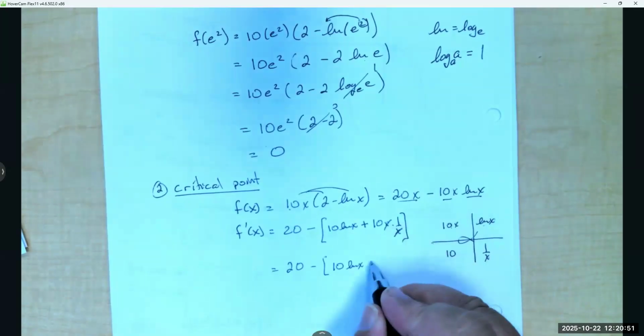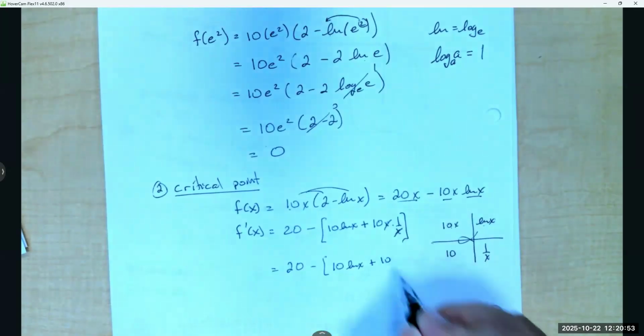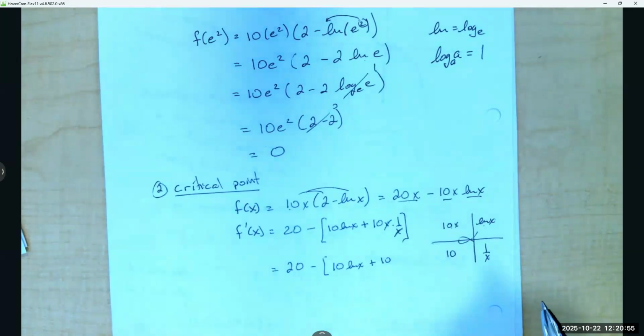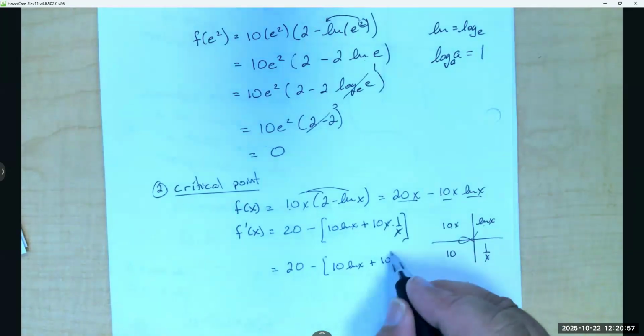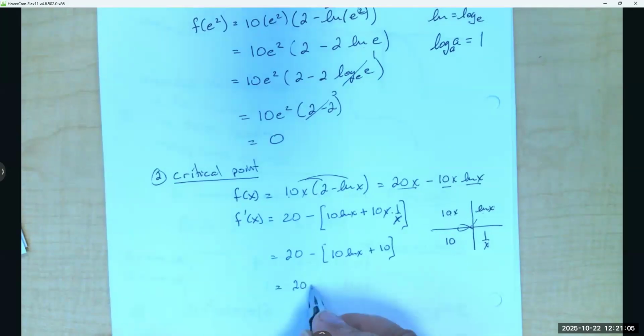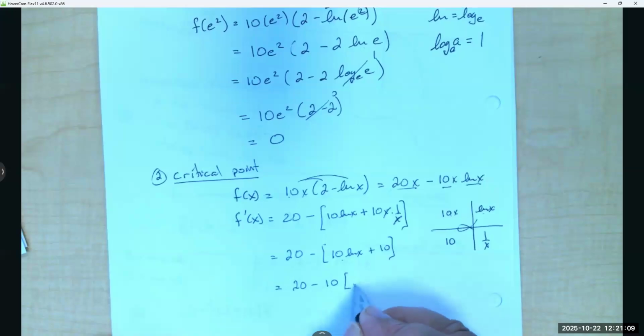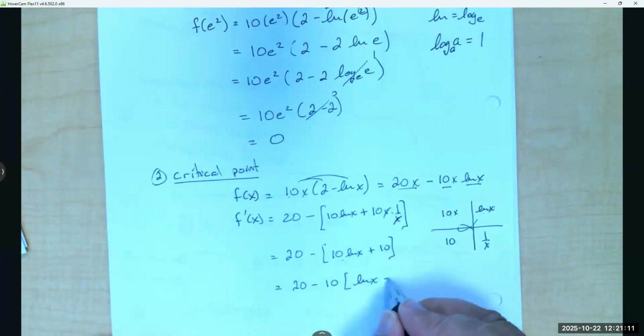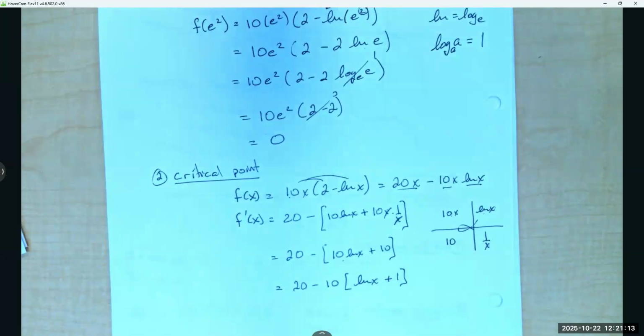X's cancel, so we have plus 10. They both have a 10, so we can factor that out. So we have ln x plus 1.